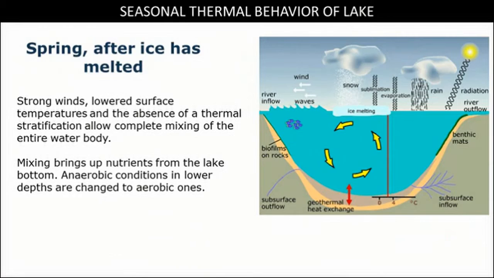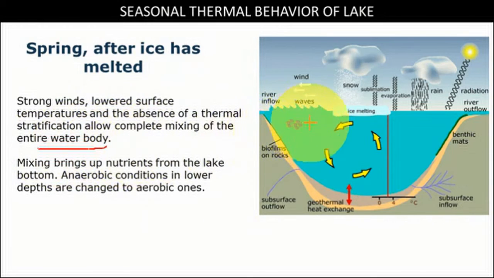Then when the spring comes, the ice which covered the lake on the surface gets melted. So the strong winds, lowered surface temperature, and the absence of a thermal stratification allow complete mixing of the entire water body.